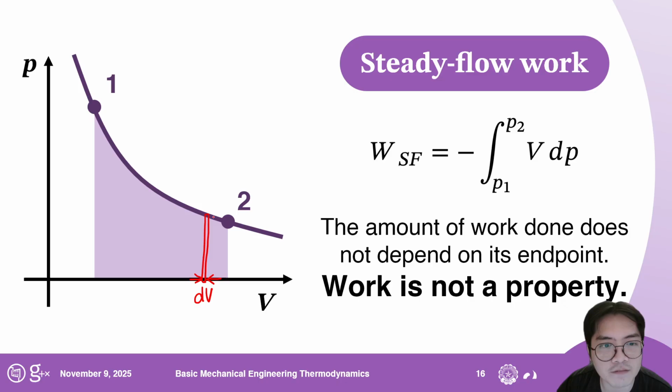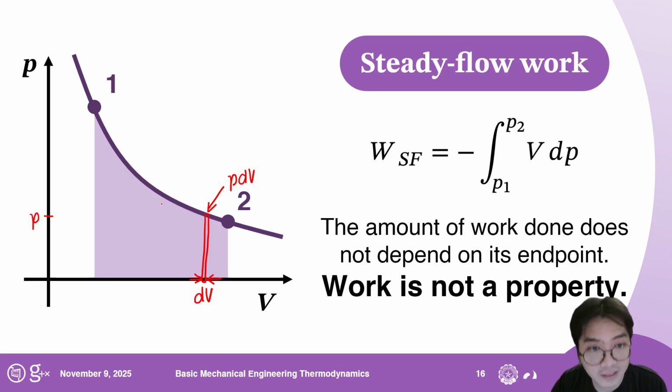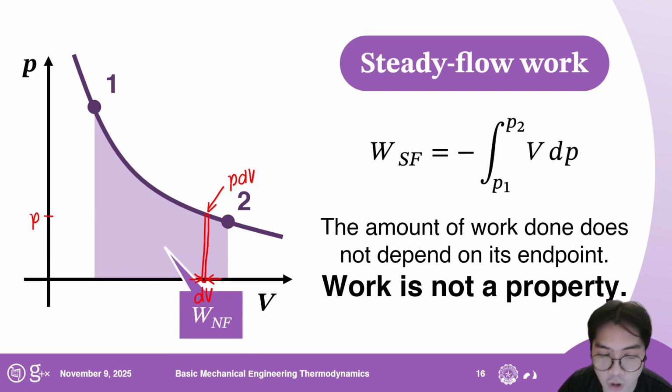And notice that the length of this is wherever the P is. So these are just little tiny bits and pieces of PDV. This thing is just the integration of all of the little values of PDV, or in other words, this is the work non-flow.